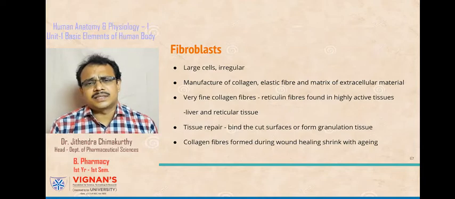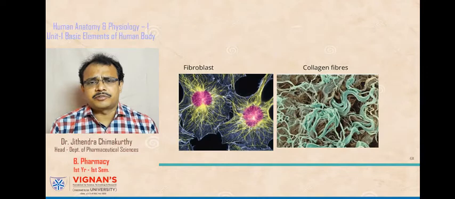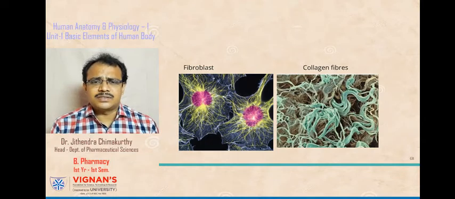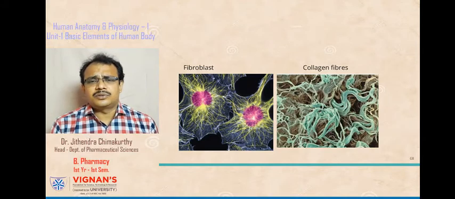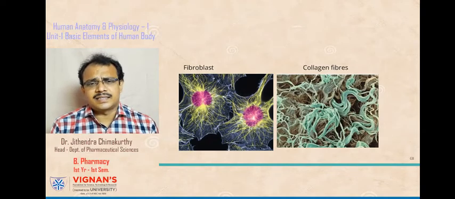Apart from this, these cells are also involved in production of extracellular matrix. Generally, the widely dispersed connective tissue cells will adhere to this extracellular matrix, especially collagen and elastic fibers, for support.